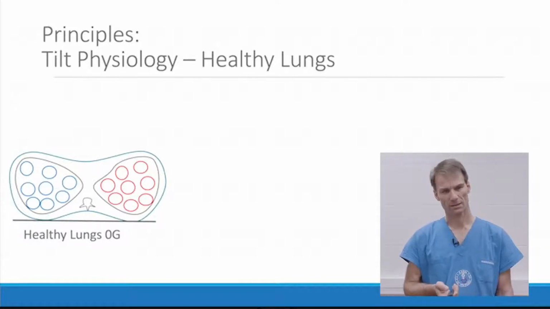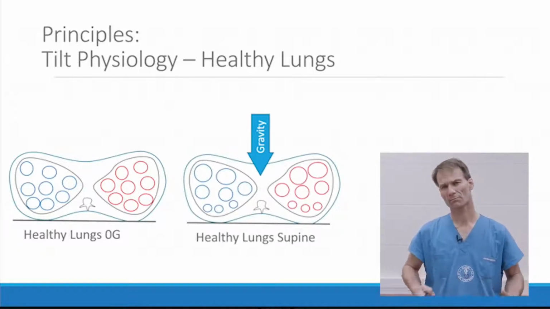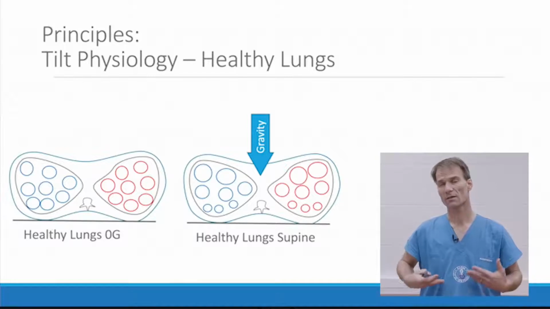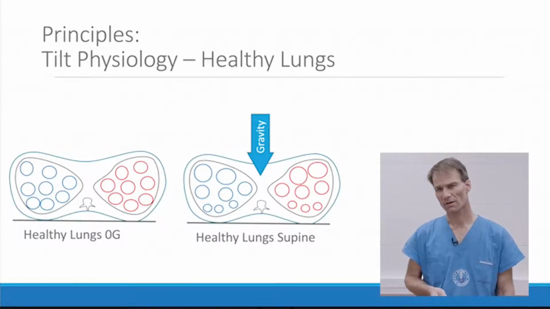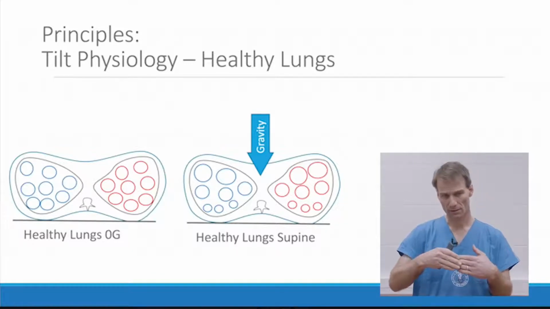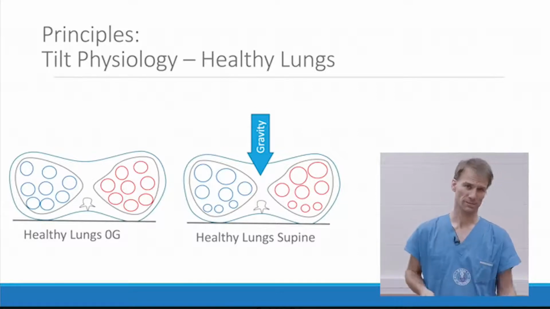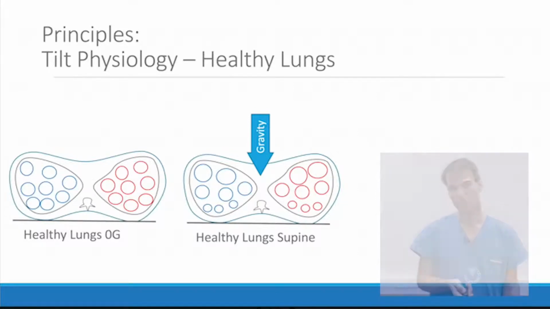Would be identical at zero gravity. At normal gravity, the bottoms are compressed a bit by the weight of the lungs. Lungs are not very heavy, but still they do compress the bases. So bases are smaller. At the same time, it implicates that tops are stretched a bit. So there is some non-uniformity.